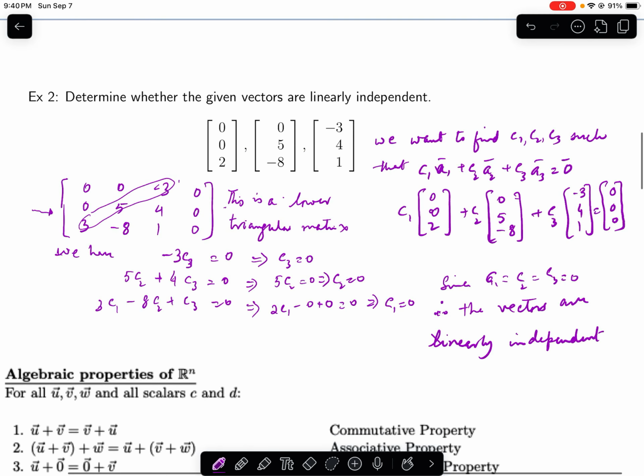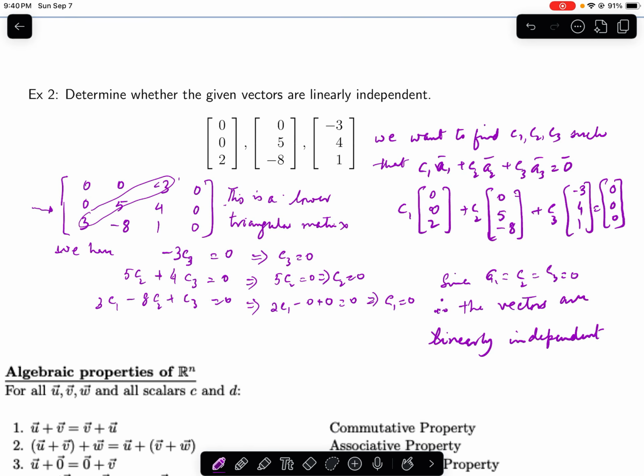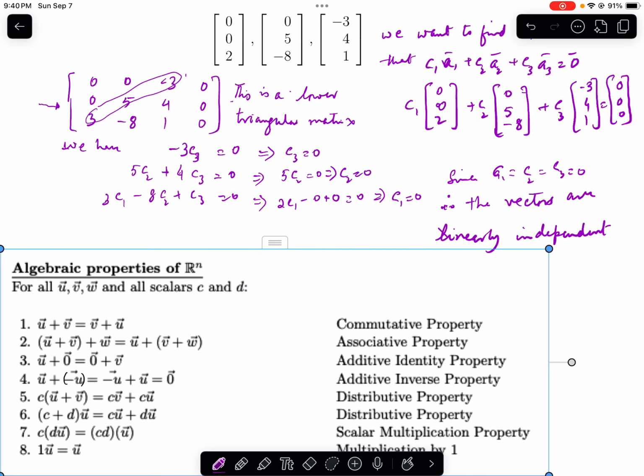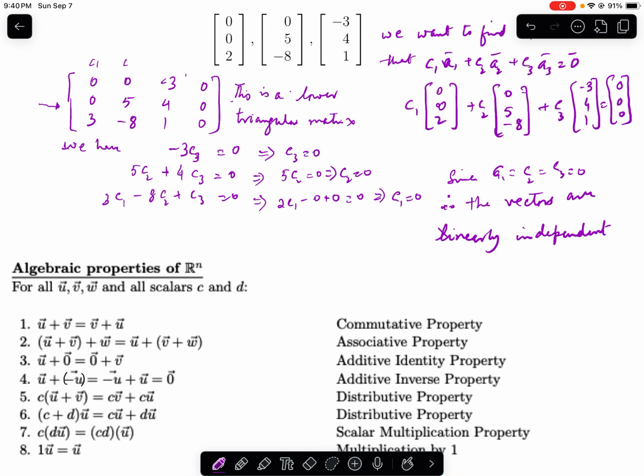So we can do the back substitution. If we read each equation, the first equation gives us negative 3C1 equal to 0, because remember, this is the column for C1, this is the C2 column, and this is the column for C3.